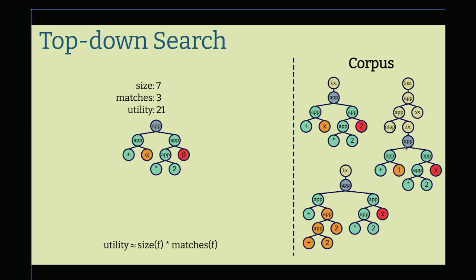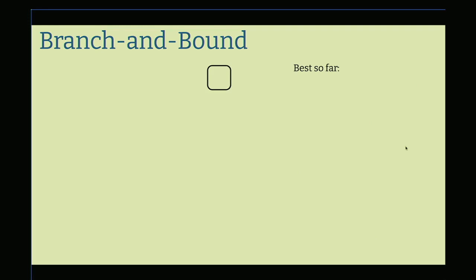So our approach to this problem is going to involve some more aggressive pruning. We're going to take a branch and bound approach. Now, branch and bound in general is an enumerative search strategy, but with aggressive pruning based on upper bounds.